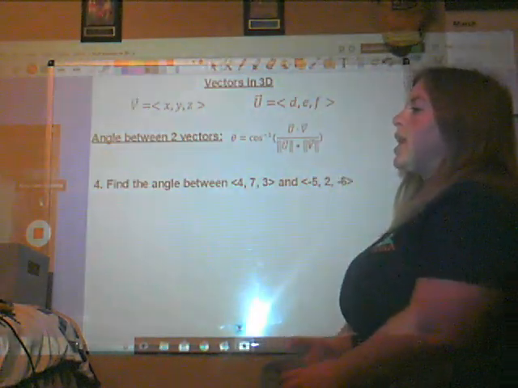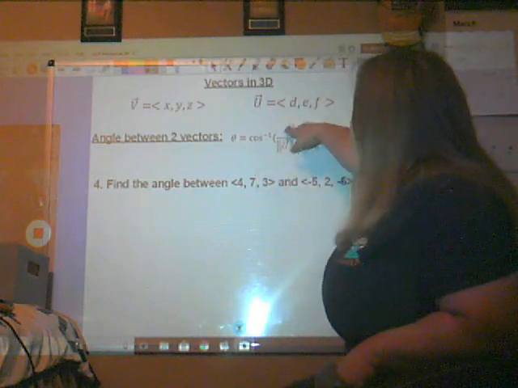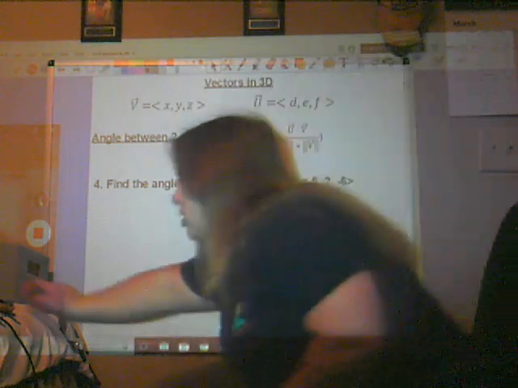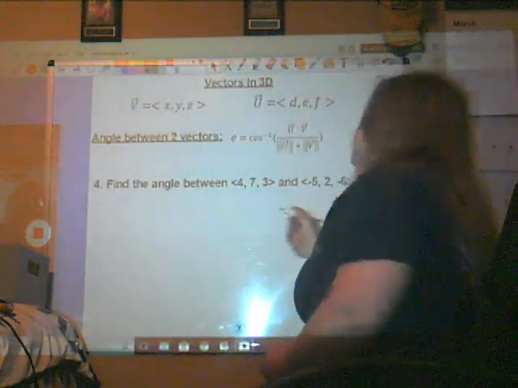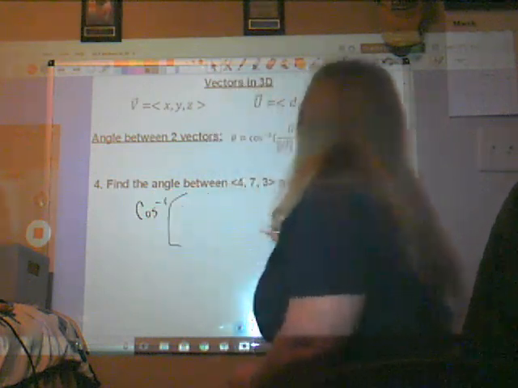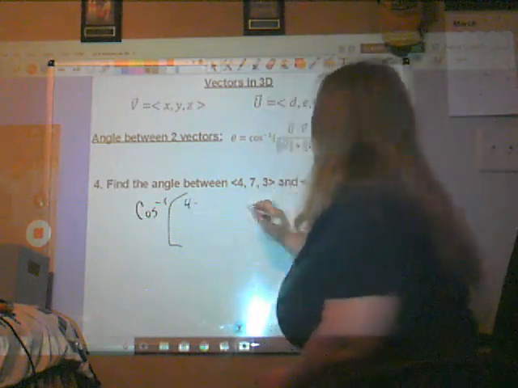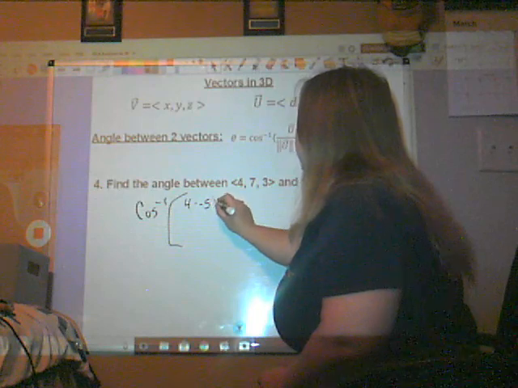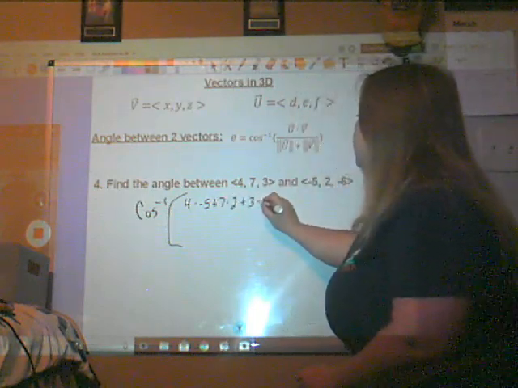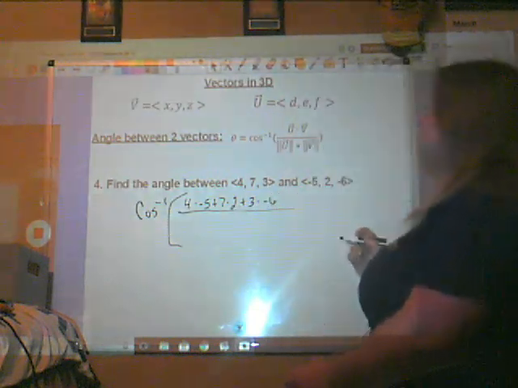Okay, so now we're going to look at the angle between two vectors. So it's the same formula, cosine inverse of vector u dot vector v all over the magnitudes of the two vectors. So we want to do vector u, so we have cosine inverse of u dot v, so we're going to do 4 times negative 5 plus 7 times 2 plus 3 times negative 6 all over the magnitude of each one.